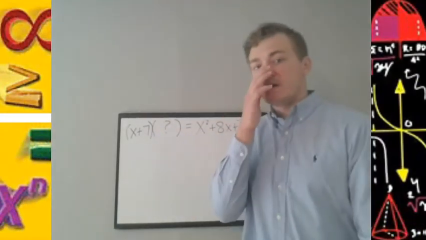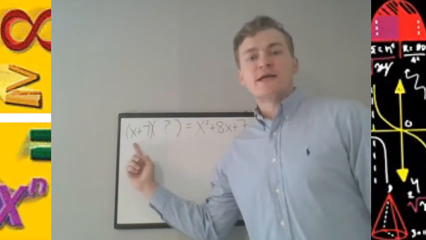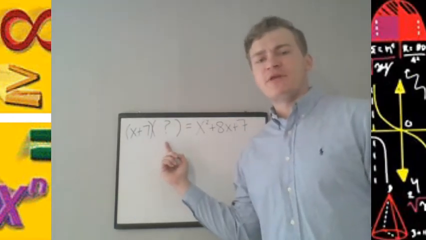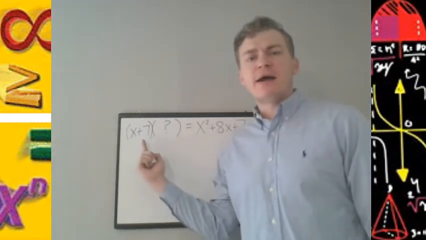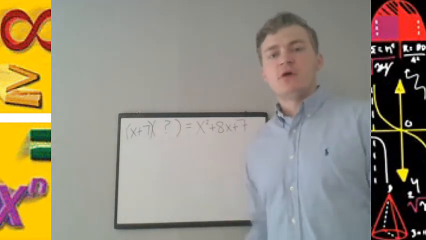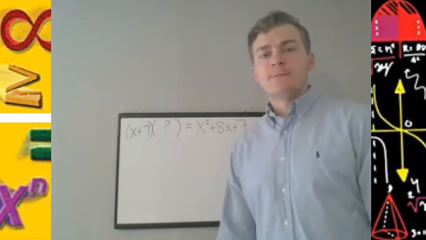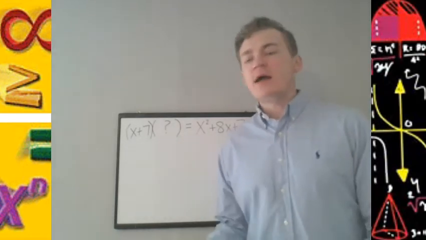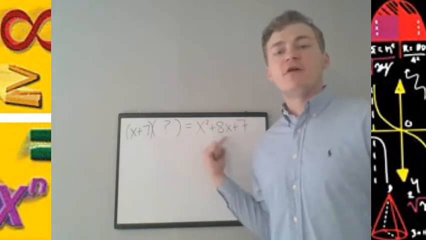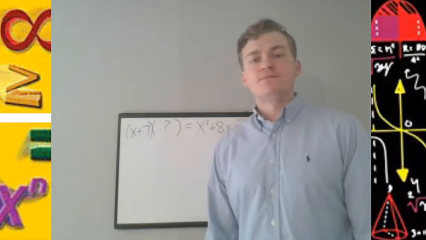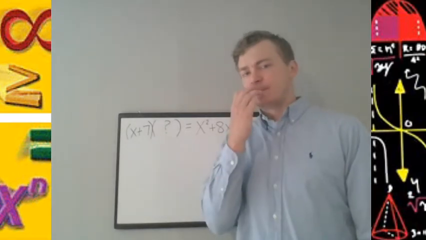So we go to the board here, and again, the binomial x plus 7 will multiply something in order to give us a trinomial. How could we multiply a binomial to something to get a trinomial? What should this be here? Again, more often than not, when you take a binomial and multiply it to some other binomial, it results in a trinomial. For that reason, let's think through this.